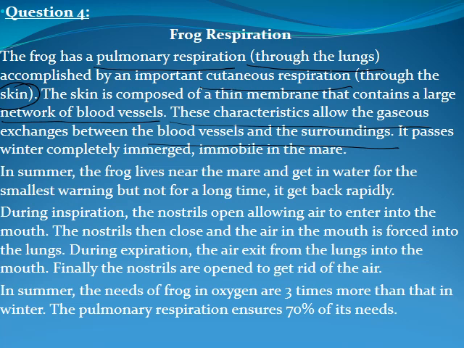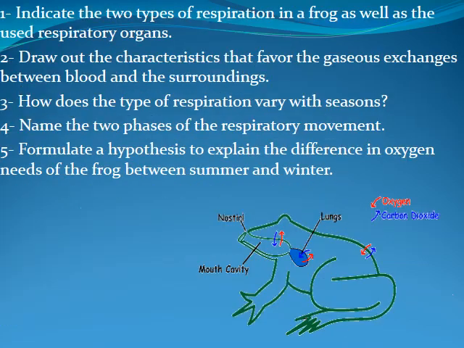During expiration, the air exits from the lungs to the mouth. Finally, the nostrils open to get rid of the air. An important note here is that in summer, the needs of oxygen are 3 times more than in winter. So the pulmonary respiration ensures 70% of its needs.